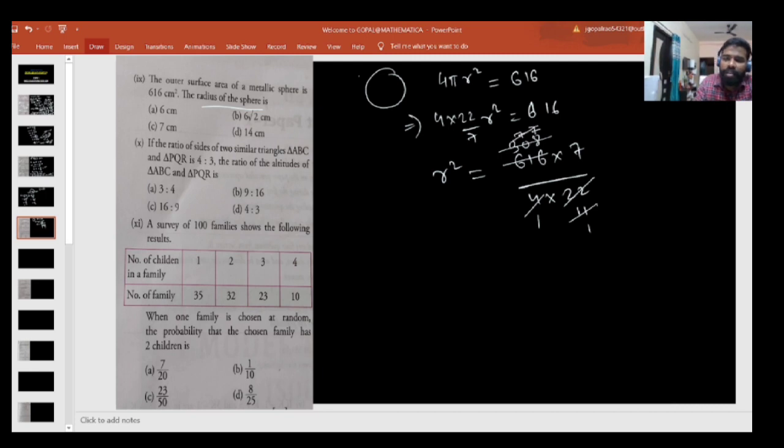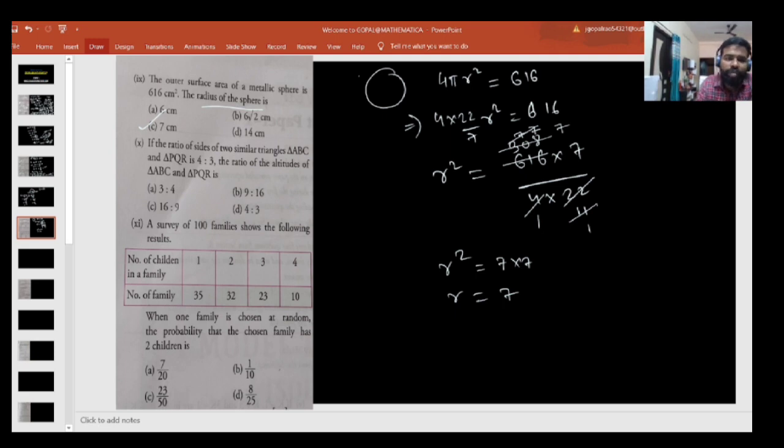So 11 ones are 11, 7. So we have r square equal to 7 into 7, that is r equal to 7. So the radius is 7, that is option C is correct here. Okay, next question is from similarity.